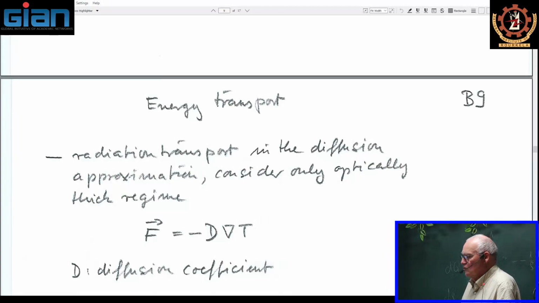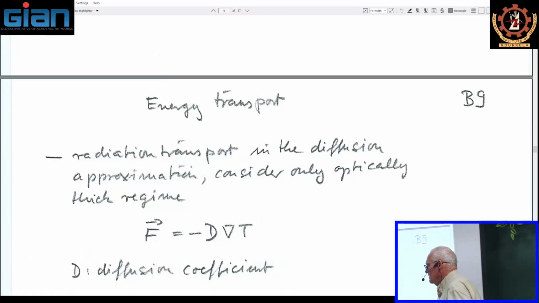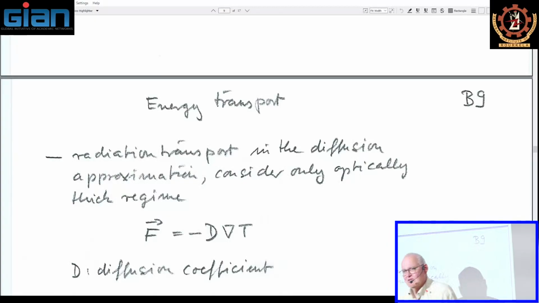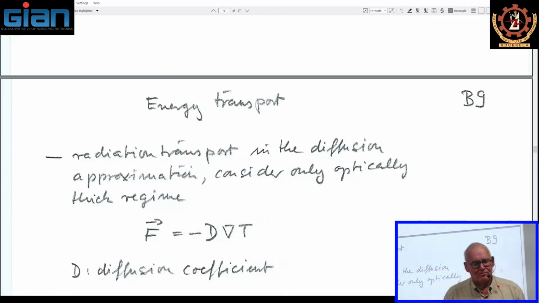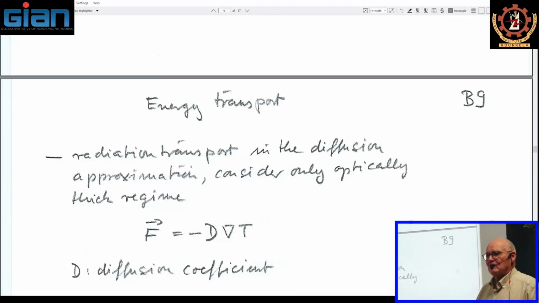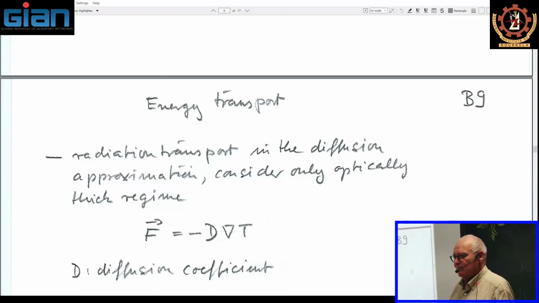So we assume that the energy transport is described by a diffusion type equation. That means the flux is proportional to the gradient of some quantity. You can have diffusion of particles, then this would be the flux of particles, which is proportional to the gradient of the density of the particles.